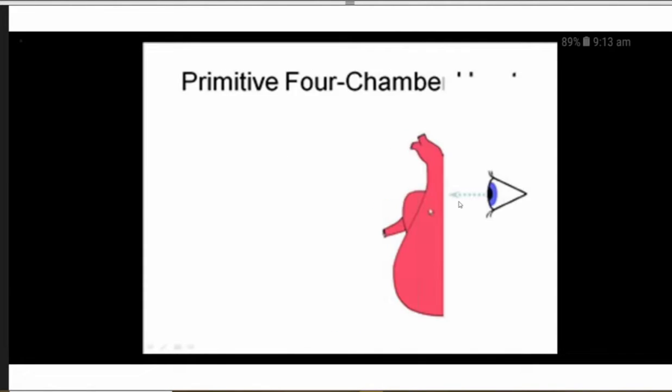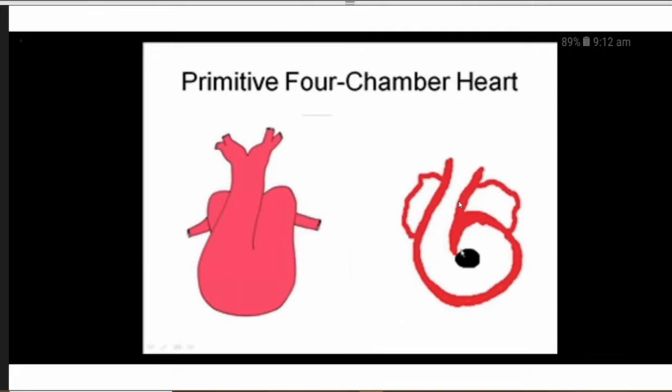So these are pictures which allow us to understand how the primitive four-chamber view looks like, where both the atria actually communicate with the ventricle by a single atrioventricular canal.